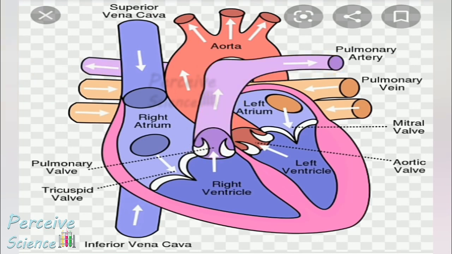Now students, as we all know, the left side of the heart carries the oxygenated blood and the right one carries the deoxygenated blood, and there is a thick muscular wall in the center of the heart which doesn't allow both types of blood to mix.